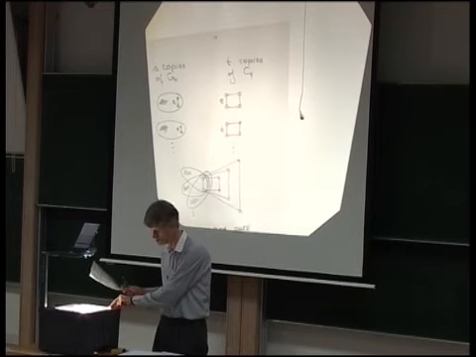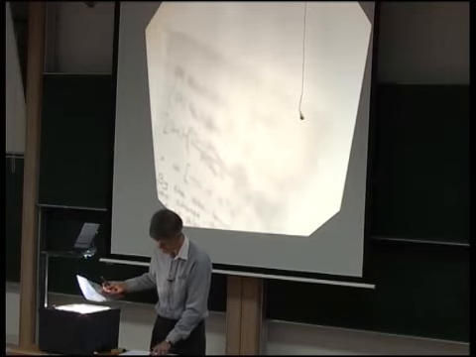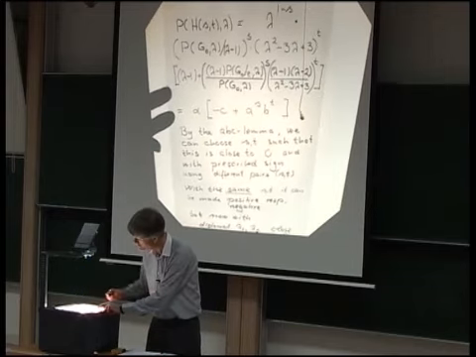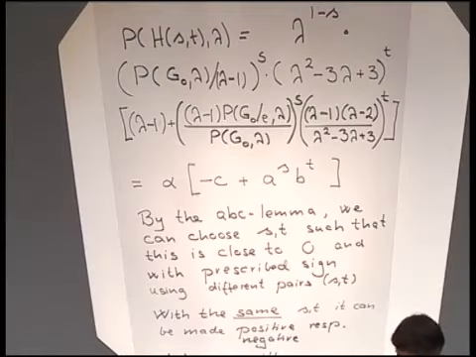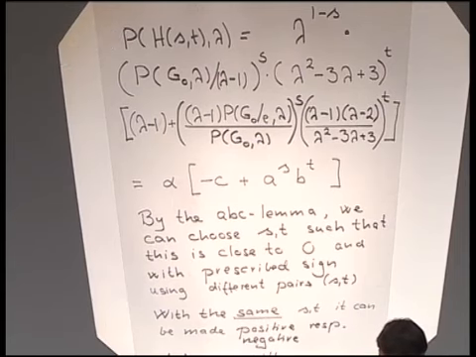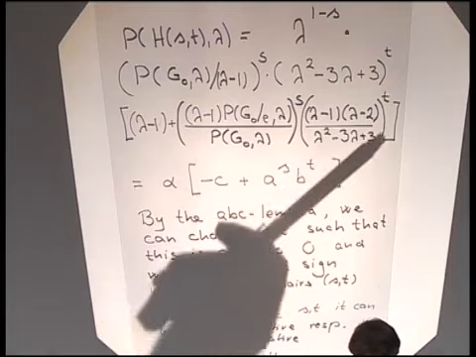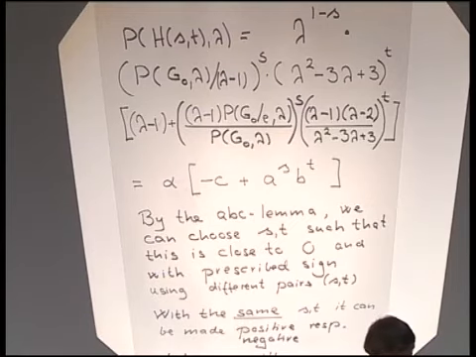Just one transparency to show why this can be done using the ABC lemma. You don't have to read this in detail. If you take the chromatic polynomial of this graph I've just constructed, then you can write it in the following way using the reduction formulas.